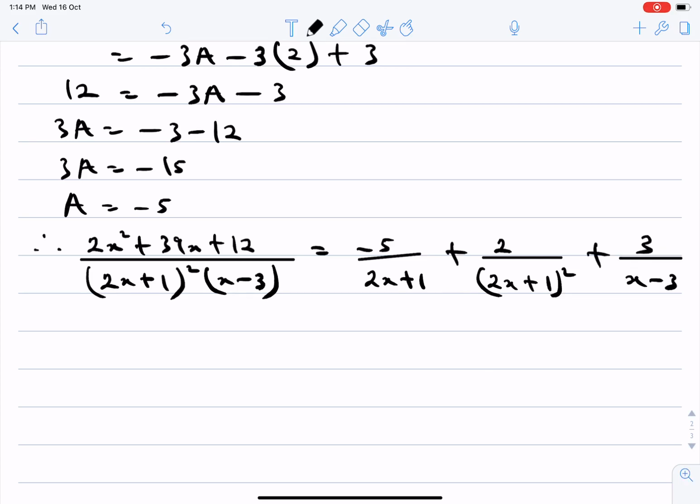And those are the partial fractions into which the compound fraction has been resolved.